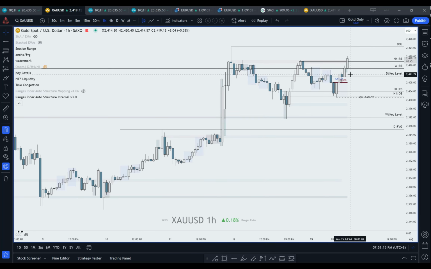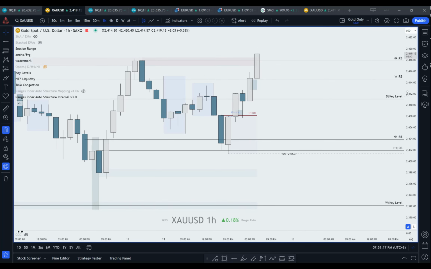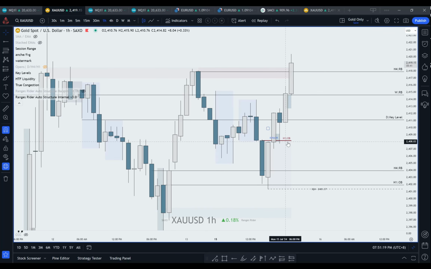If I can find another order block, for example, look here, we have another order block here. So if the price on this candle just like this comes here, this could be another entry today, something like this.